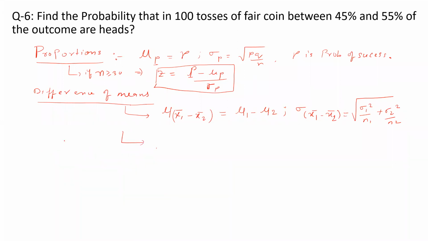And if your sample size is more than or equal to 30, and we are finding the probabilities when the sample size is large, then you have to use the standard normal variate.